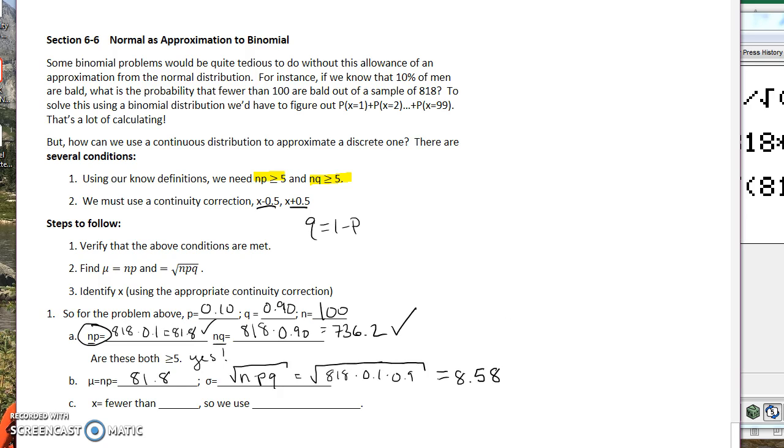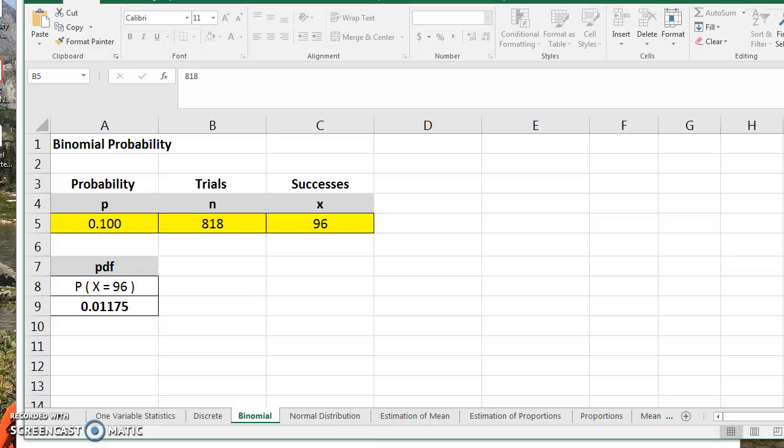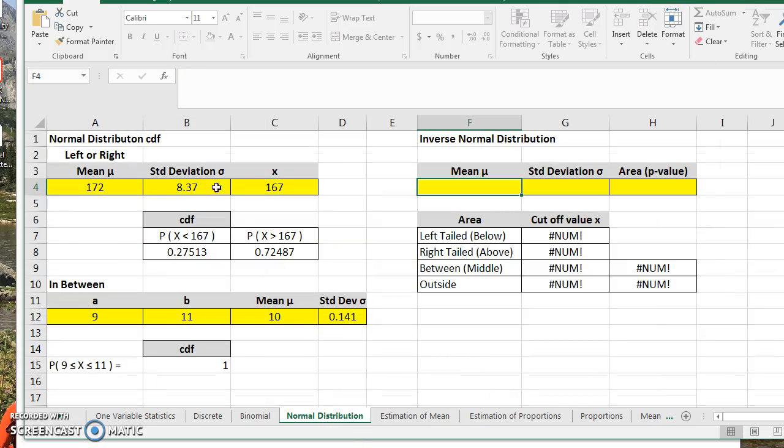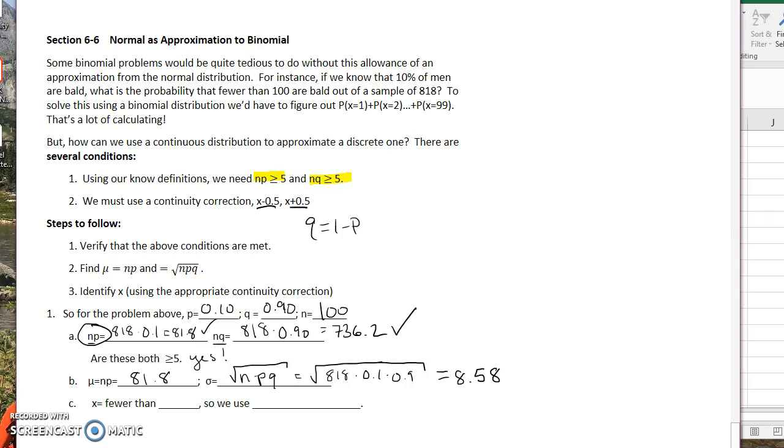Now that's very helpful because we're going to work with this normal distribution, since we're trying to find the probability of fewer than 100. This is where it gets a little tricky. We want fewer than 100, so do I want to include 100 or not?